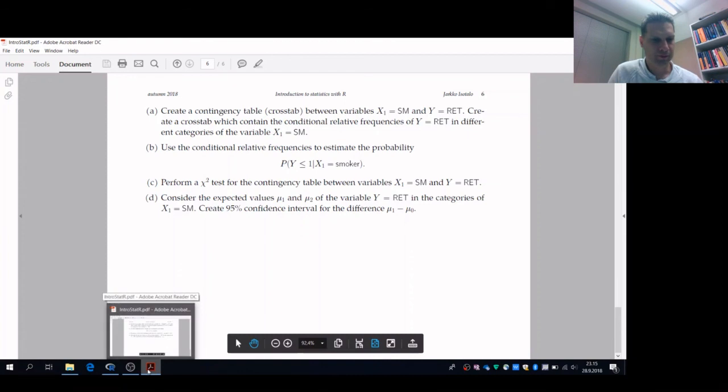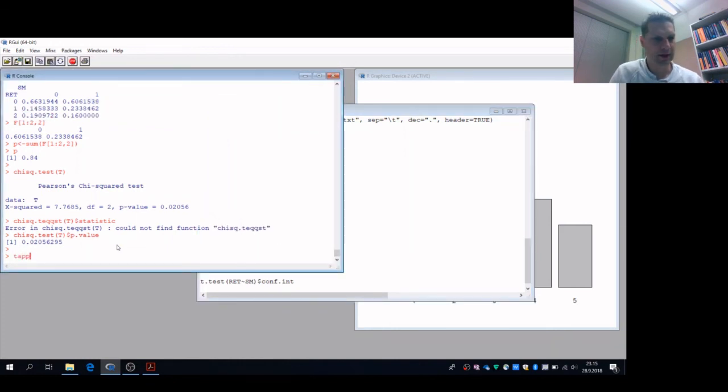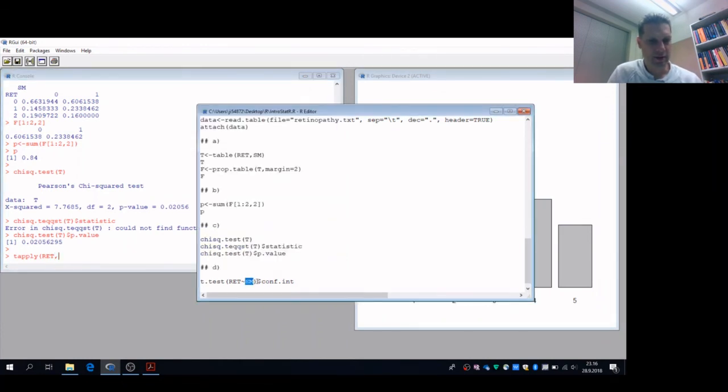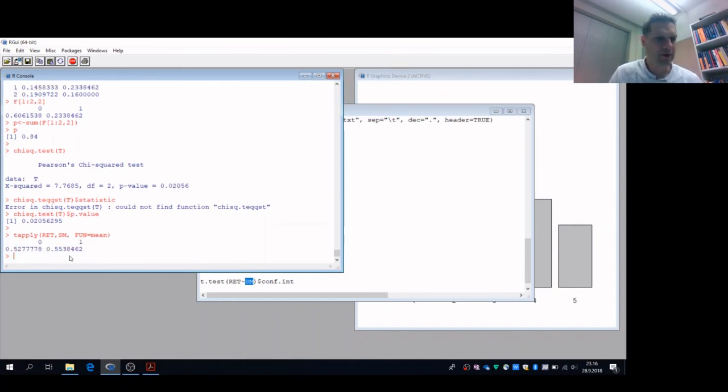So if we use, for example, this data set, and do it this way, calculating with the apply function, taking this red, and taking SM, like here, with the function being mean, then we should get these values for the conditional sample means in these two categories.